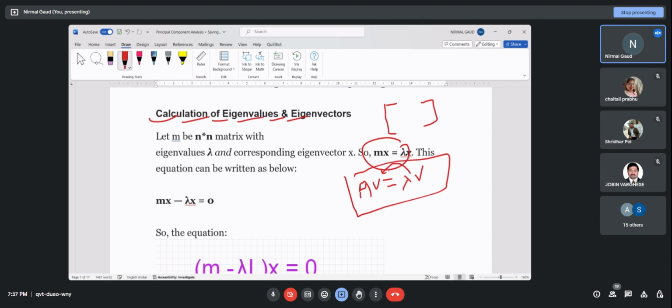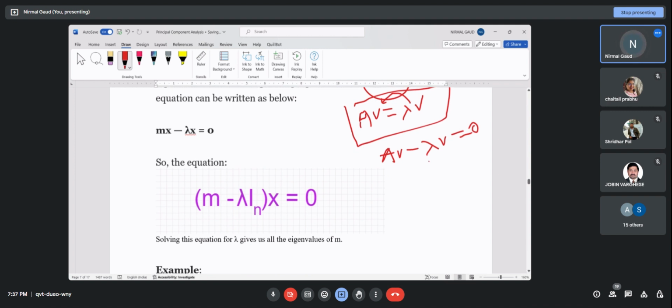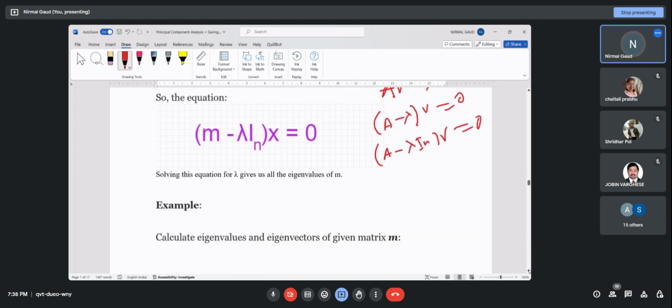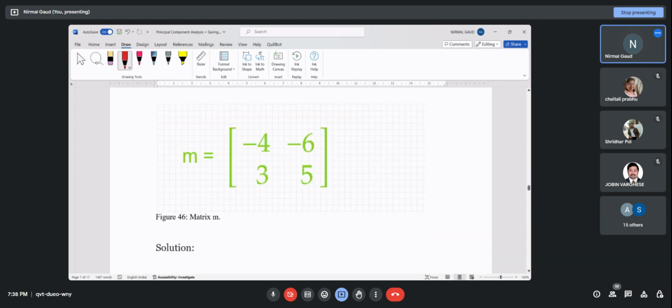Just move it here, so Av minus lambda v equal to 0. Then take v common: A minus lambda I times v equal to 0, multiplying lambda with the identity. That's what I did. Then what next do I need to do?